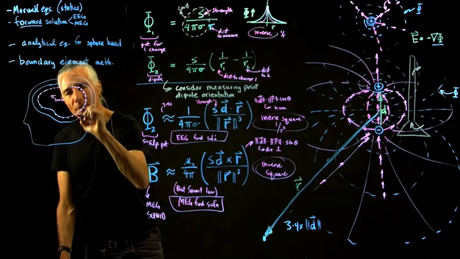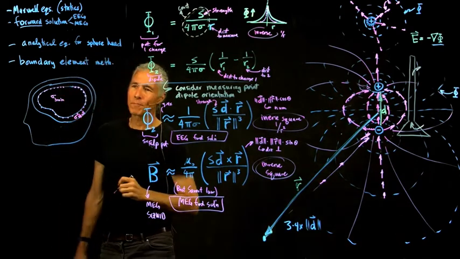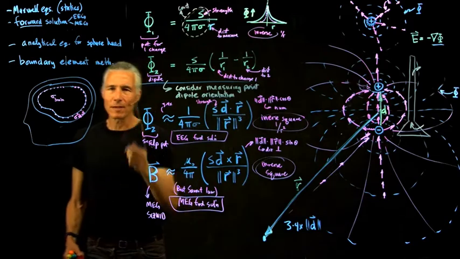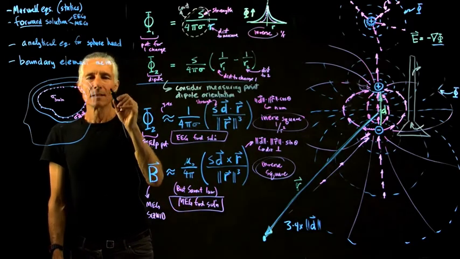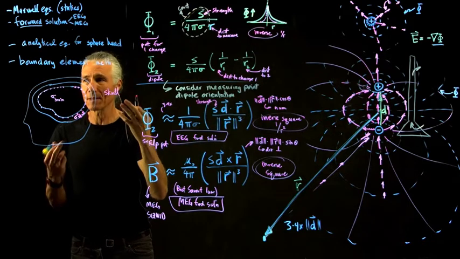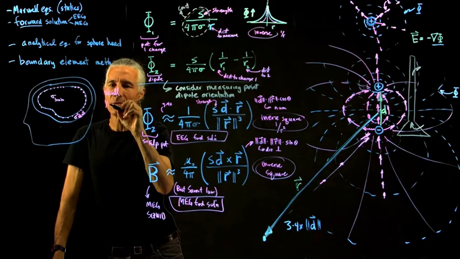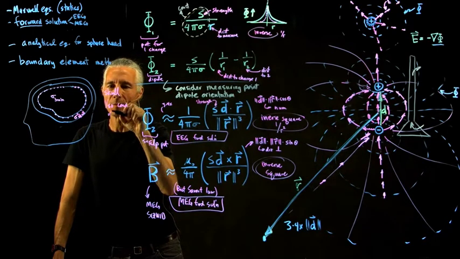And then we have another one here for the skull. And so there's a big difference between the brain and the skull. Generally, the skull is conventionally, also from experiments with dead heads, 1/80th the conductivity of brain.